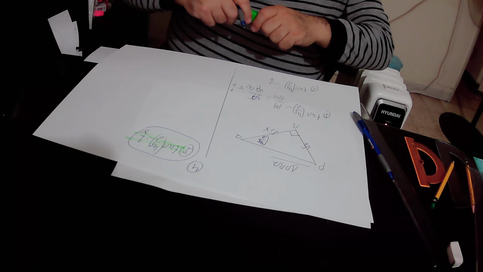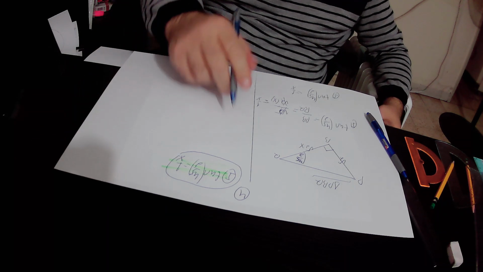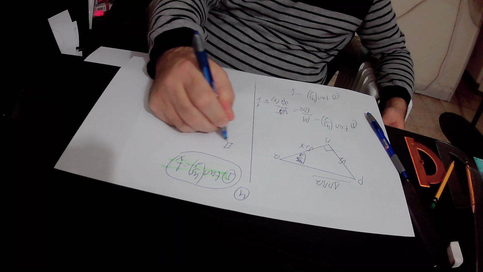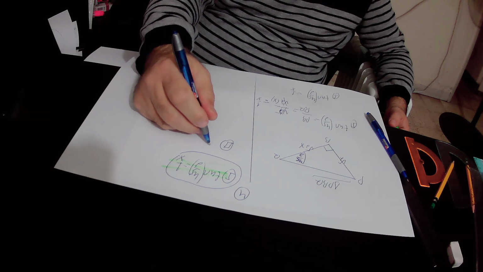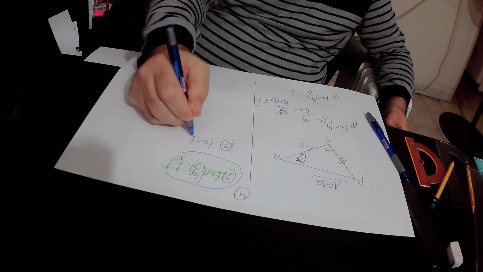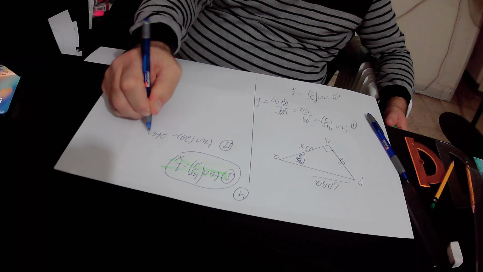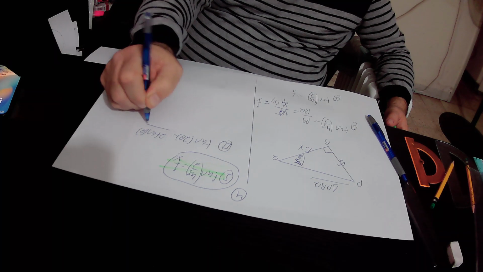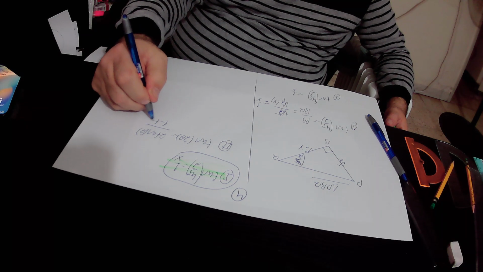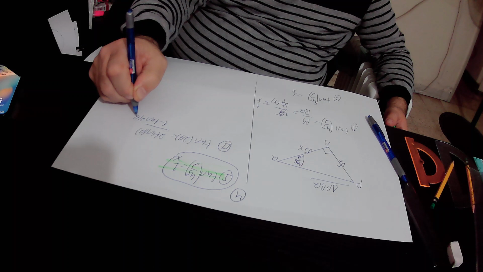And we have the trigonometric identity that states that tangent 2 theta equals 2 tangent theta over 1 minus tangent square theta.